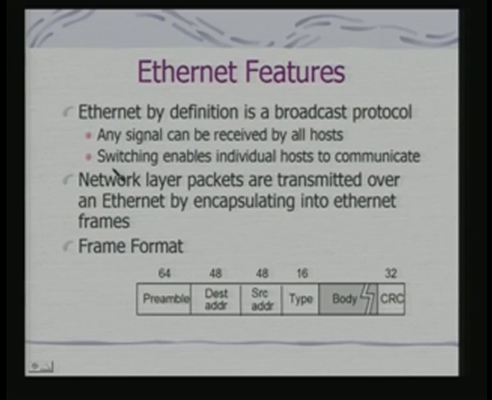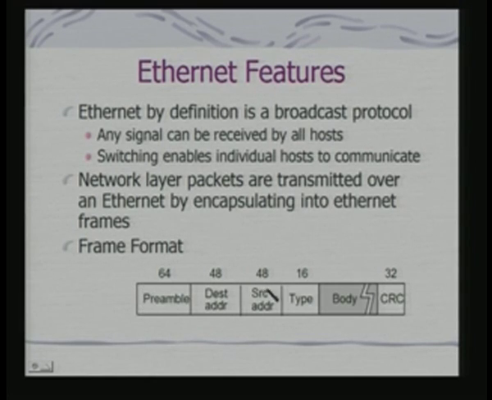As we have already stated, these hosts are all connected to a common link, which by definition is a broadcast medium. Any signal can be received by all hosts, and switching enables individual hosts to communicate. Network layer packets are transmitted over an Ethernet by encapsulating them into what are called Ethernet frames. And the Ethernet frame format is something like this.